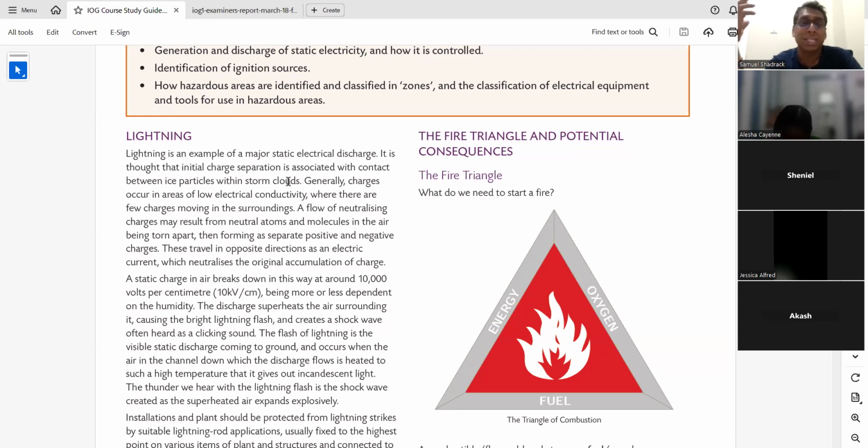Don't know if you know that, but that is what happens in nature. Atoms make up molecules. They tend to be neutral, meaning that they have no charge. So they say neutral atoms and molecules in the air.